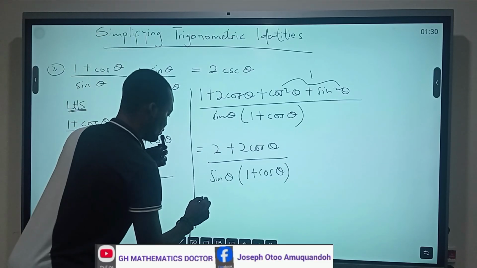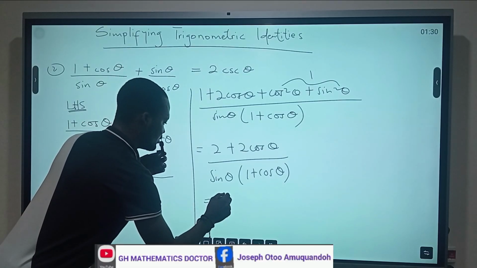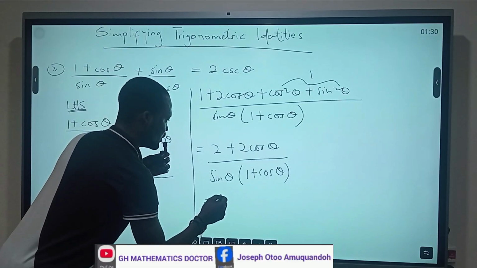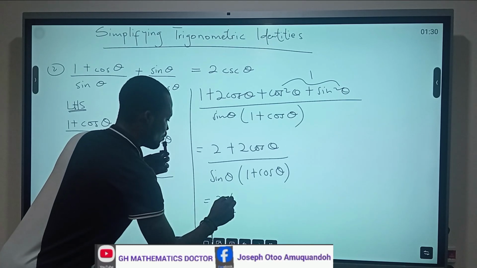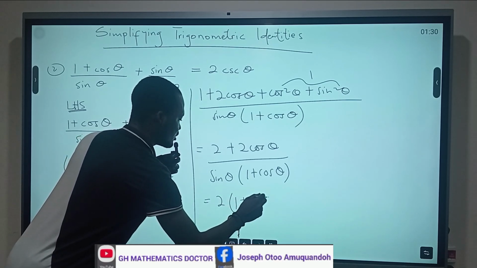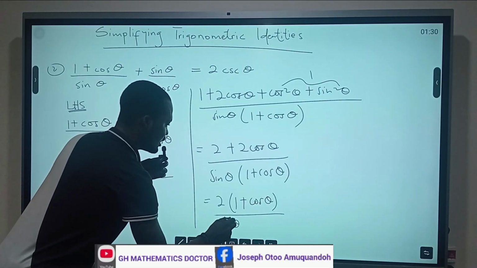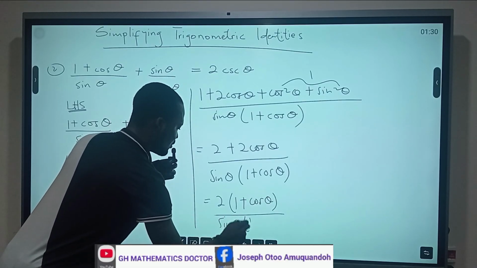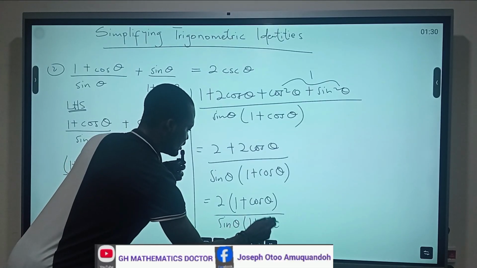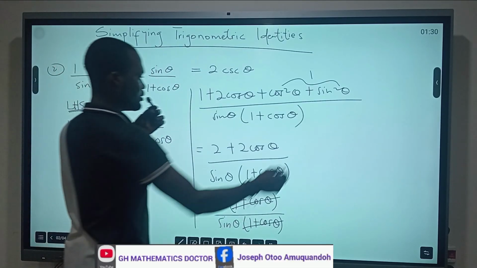Then we continue. Over here I have 2 being taken out, so it is left with 1 plus cos theta all over sine theta multiplied by 1 plus cos theta. So we have a common factor here which we need to cancel.